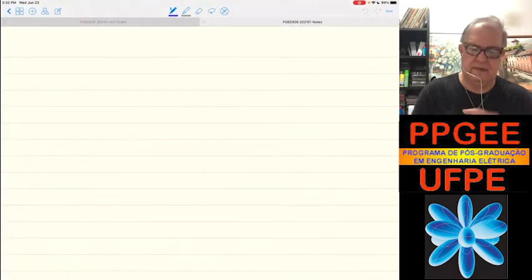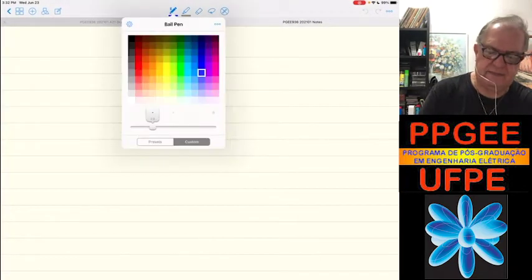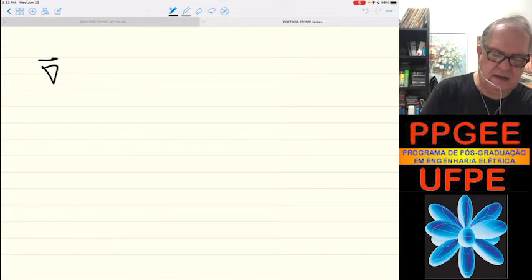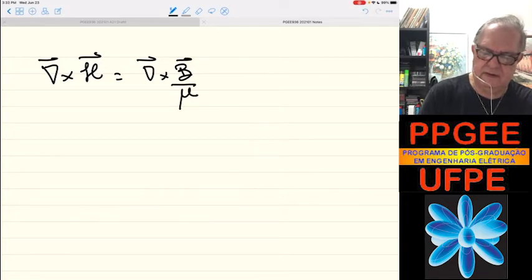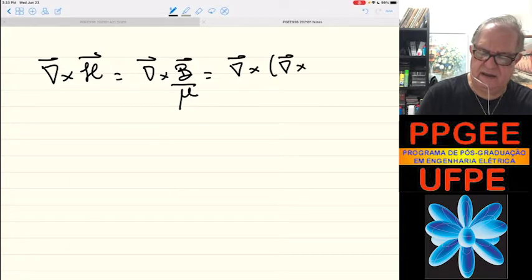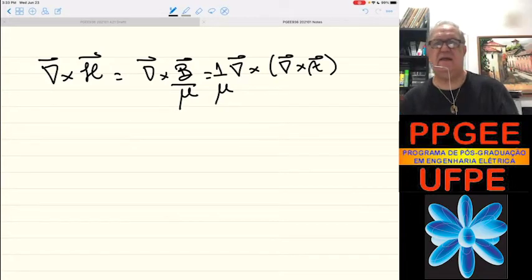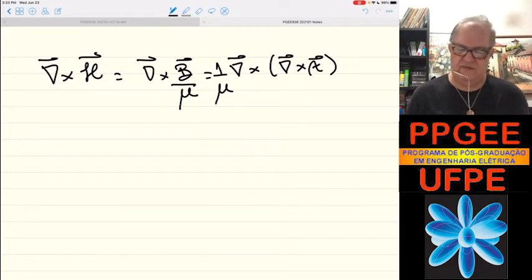Let's do it. So I have curl of H, which is curl of B over mu, which is equal to curl of curl of A. Mu is homogeneous, so you can remove it from the equation.